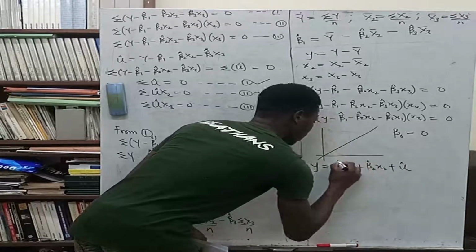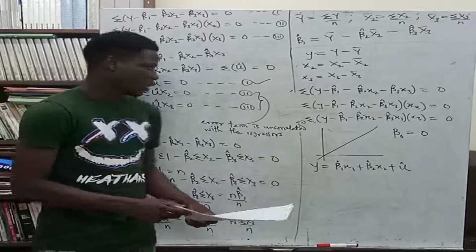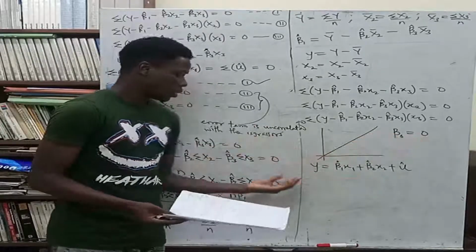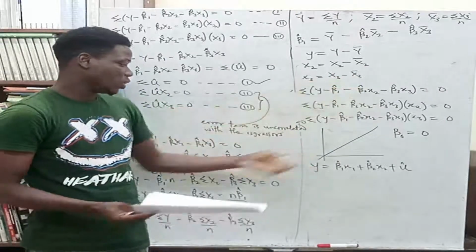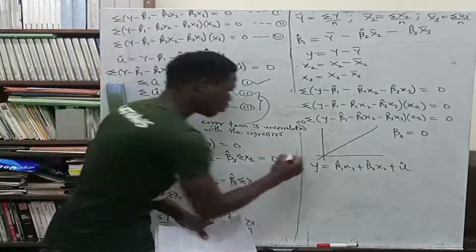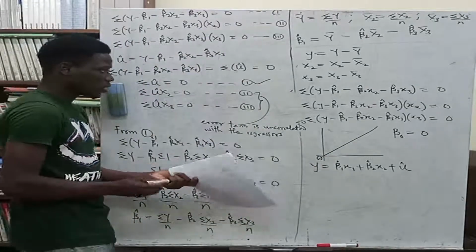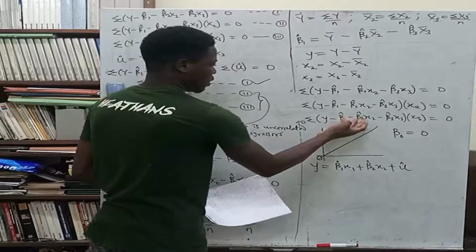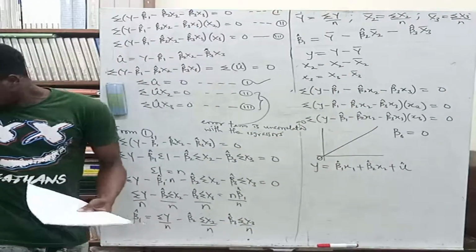So these are the estimated ones. Beta naught will be equal to 0 because our regression line is passing through the origin. We have to make this assumption so that it will be very easy for us to derive the estimators of beta 2 and beta 3. And we move from there.